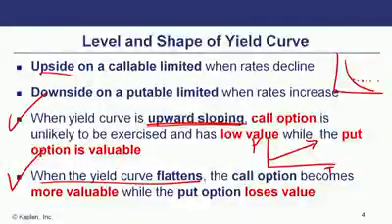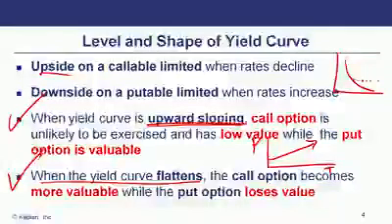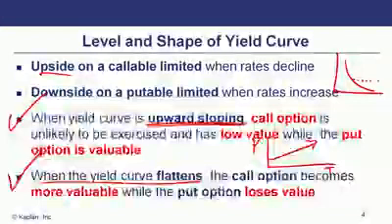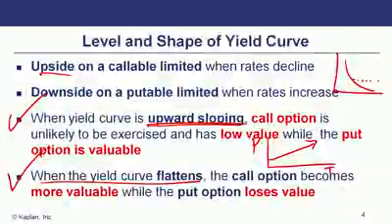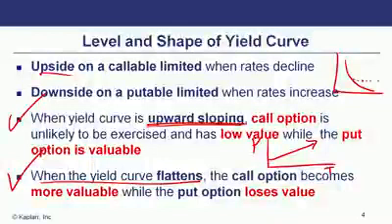So if we have an upward sloping yield curve, interest rates are going to be increasing in the future, and that reduces the probability that the bond is going to be called. And I'm playing fast and loose with my probability words here, but anyway, if we decrease the probability of call because interest rates are going to increase in the future, then that call option isn't going to be worth much.